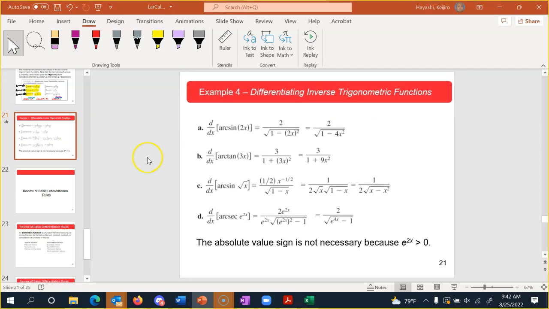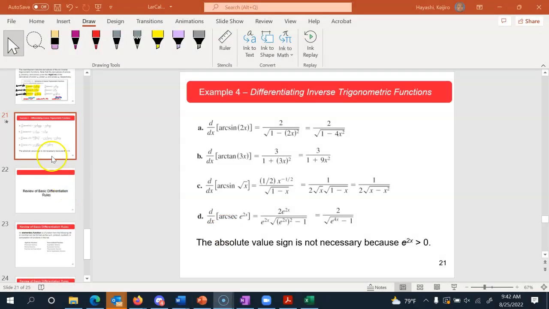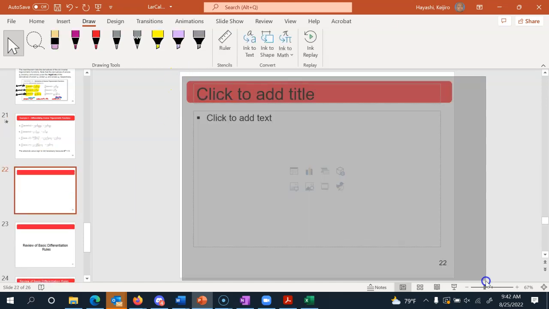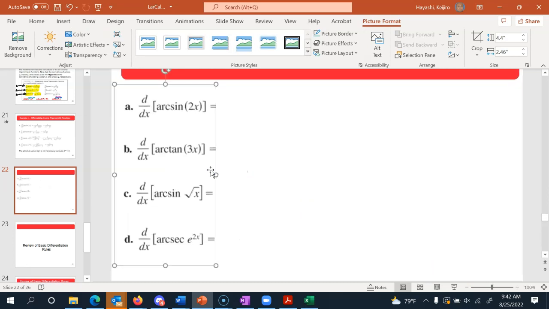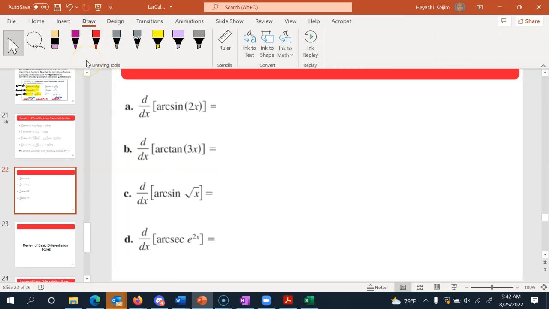Alright, so let's differentiate some of these. None of these are as simple as arcsine of x or arctangent of x, but they're not that bad at all.